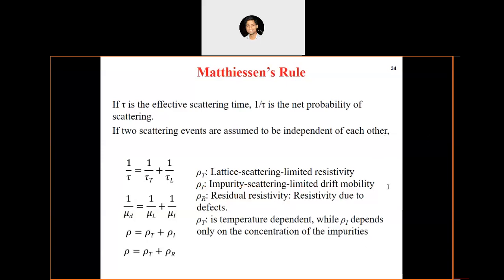Can you unmute yourself and ask the question, Saksham? Sir, in that slide, you were saying that in metallic alloys, resistivity would be very weakly dependent on temperature. Yes.